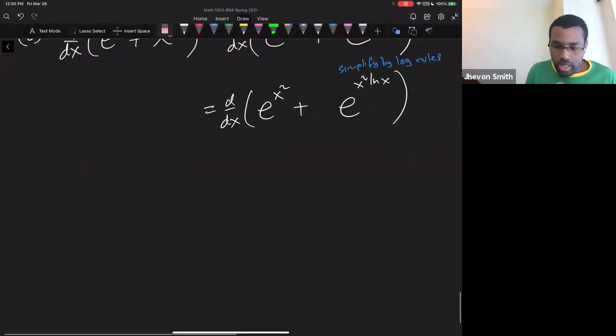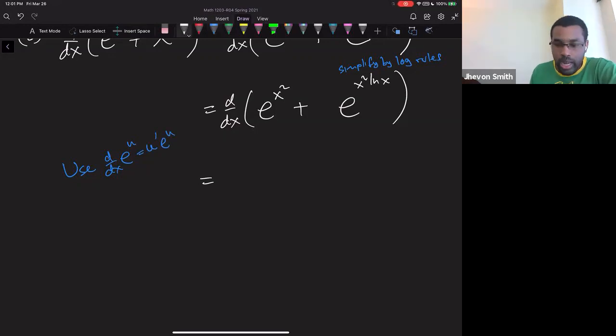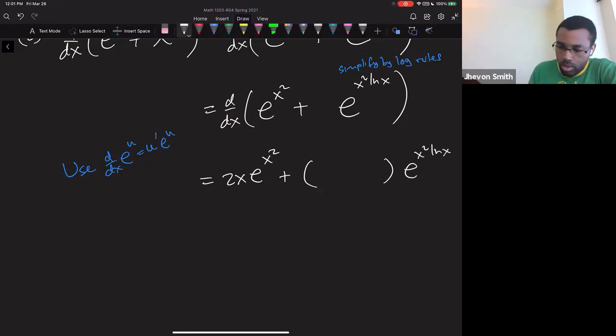And now I again use the rules: d dx of e to something is u prime times the original function. So for the first term, d dx is going to be 2x e to the x squared. Plus, this one is going to be something times the original function. What is that something? Well, product rule: 2x ln x plus x squared times 1 over x.